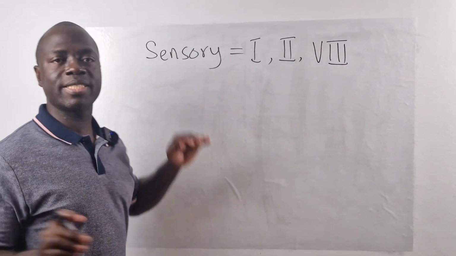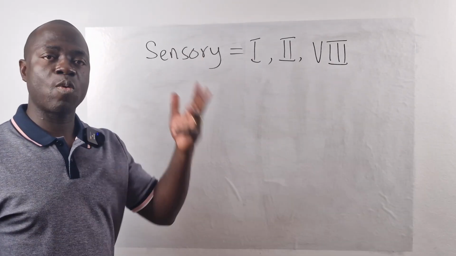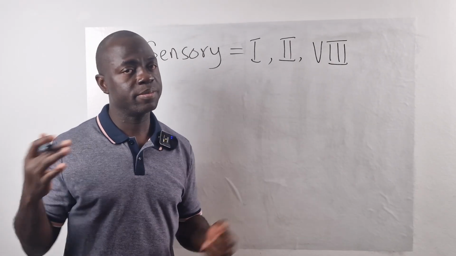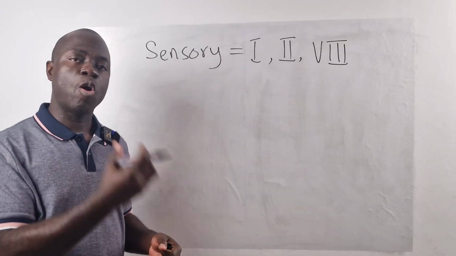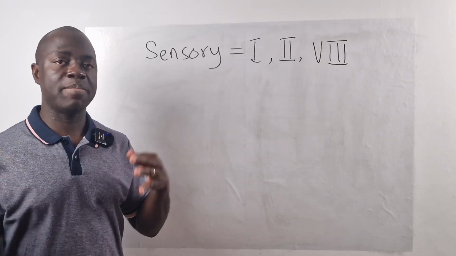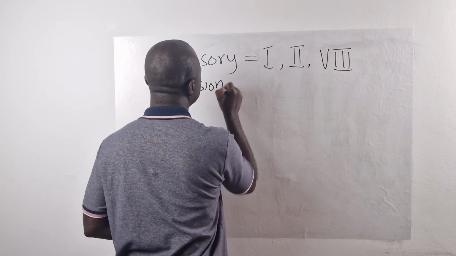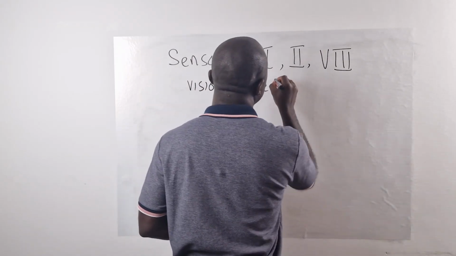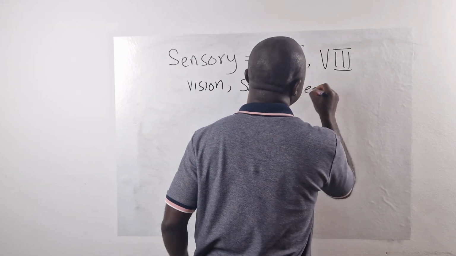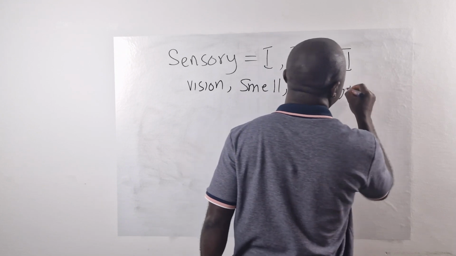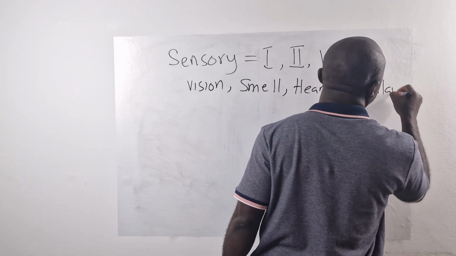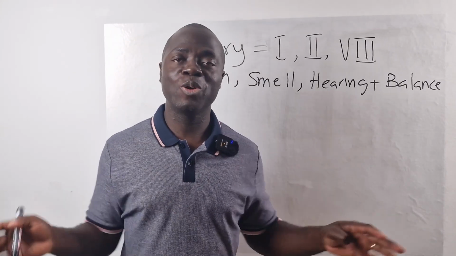So the purely sensory nerves, cranial nerve 1, cranial nerve 2, because vision, purely sensory. Olfactory, purely sensory. Hearing and balance, purely sensory. Vision, smell, hearing, and balance.